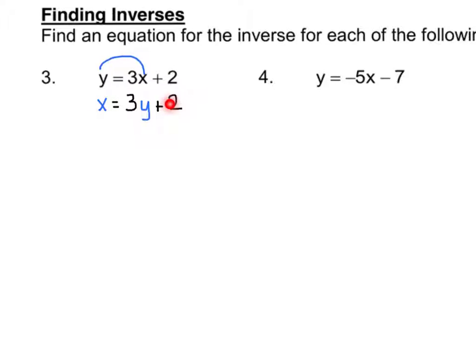Now you're just getting the y by itself, and you're undoing the equation, so you're doing PEMDAS backwards. You need to start with the adding and subtracting. The opposite of adding 2 is subtracting 2. Just be careful you don't write this as -2 times x, because we were subtracting 2.